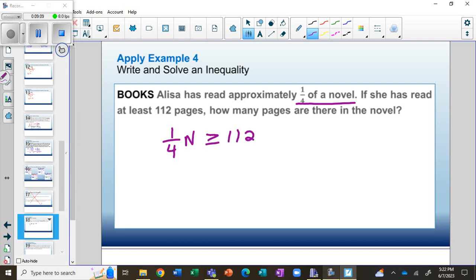So at least 112. To get n by itself, I multiply by the reciprocal, so I multiply by 4. This will give us n is greater than or equal to 448 pages. Now I don't have to flip the symbol, just because this was all with positive numbers.